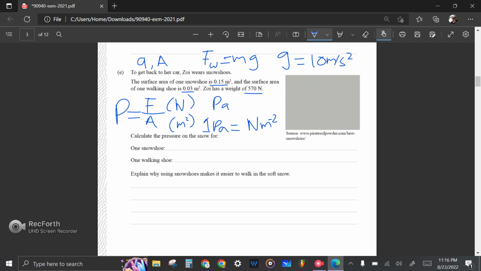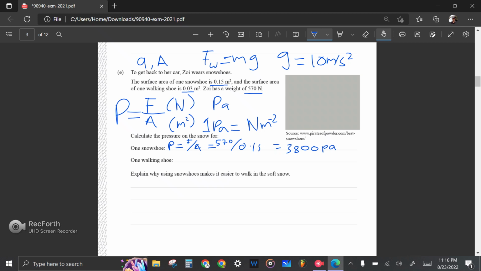So for this first one, since pressure equals force divided by area, that equals 570 divided by 0.15, and that equals 3,800 pascals. Now, make sure you read how many shoes they ask about.